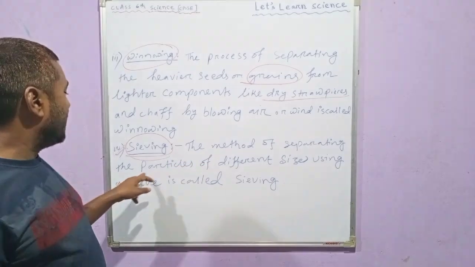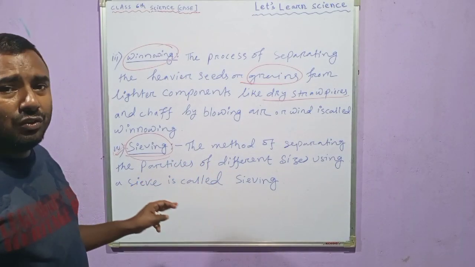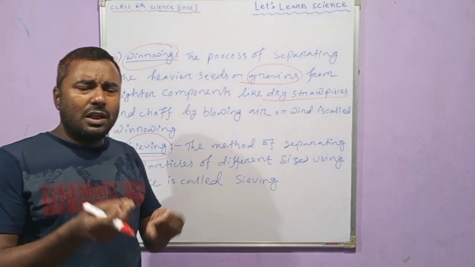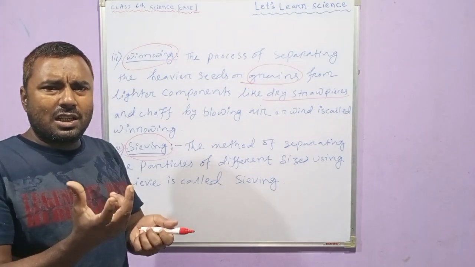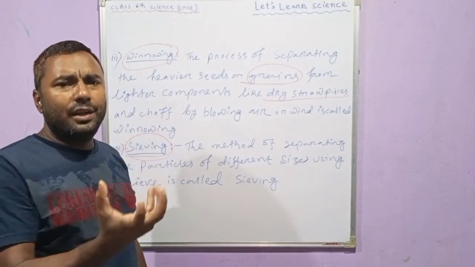Sieving is the method of separating particles of different size using a sieve. A sieve is a container that has a net-like structure with small pores of equal size on it.